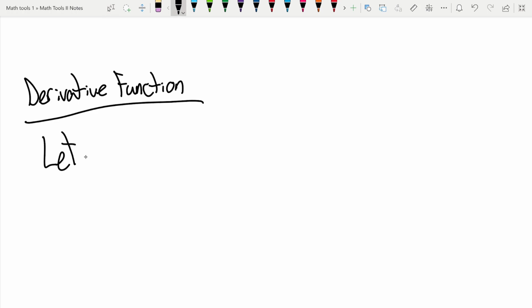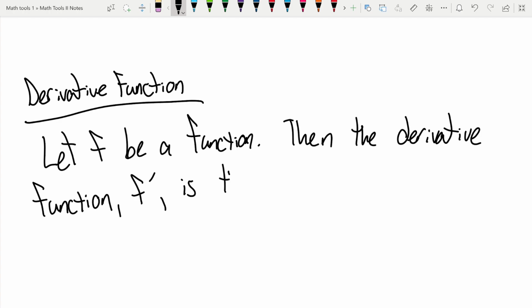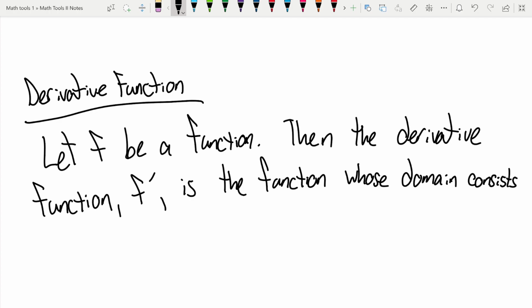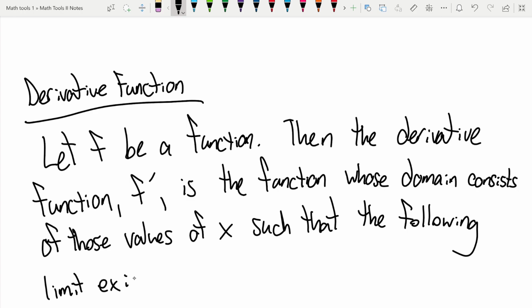Okay, so the definition here is that we let f be a function, then the derivative function, f prime, what we could call it, is the function whose domain consists of those values of x such that the following limit exists.